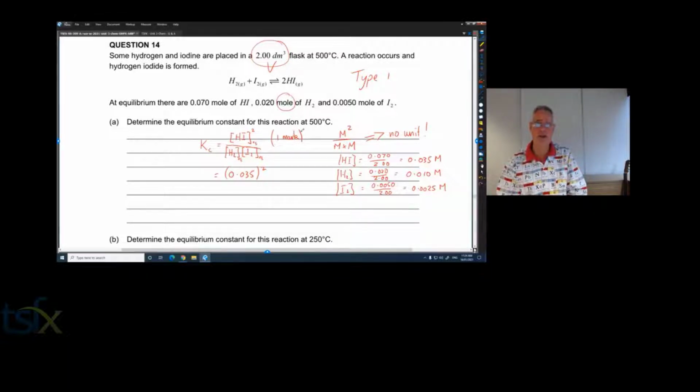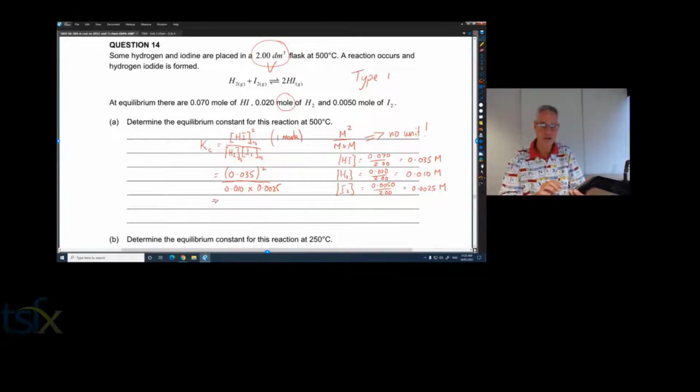Always do it. Don't just put numbers in what you can imagine is the equilibrium constant. That's a way to make careless mistakes. Write the expression, get your automatic mark, now put in the values. Okay, the H2 concentration is 0.010 multiplied by the I2 concentration, 0.0025. Nice, easy, chuck it in my calculator.